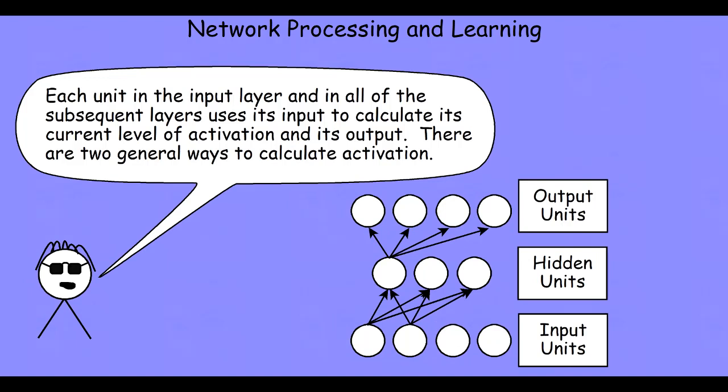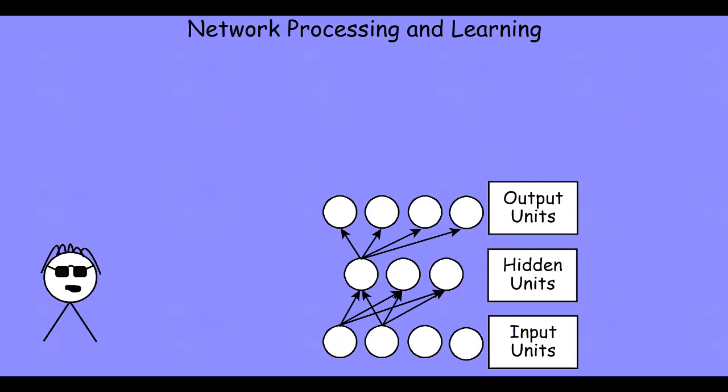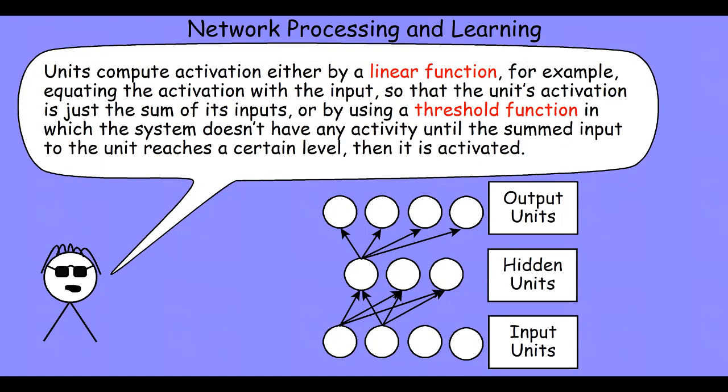Each unit in the input layer and all of the subsequent layers uses its input to calculate its current level of activation and then to generate an output. And there are two general ways for units to calculate activation. Activation will flow from one unit to the next all the way through the system like this, and it'll do so in accordance with one of these two patterns.